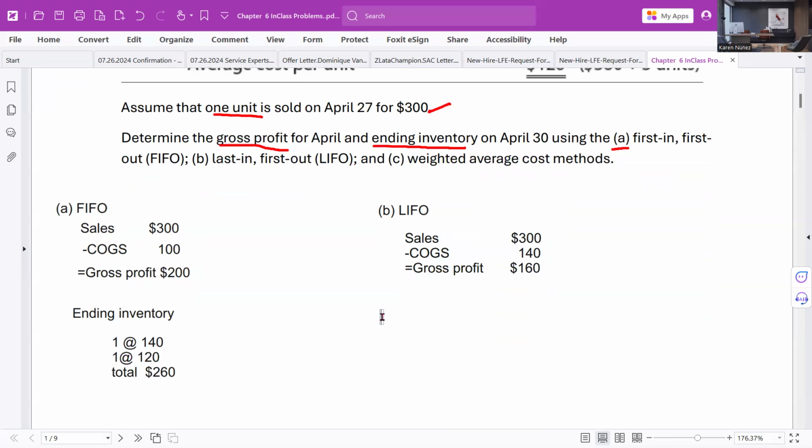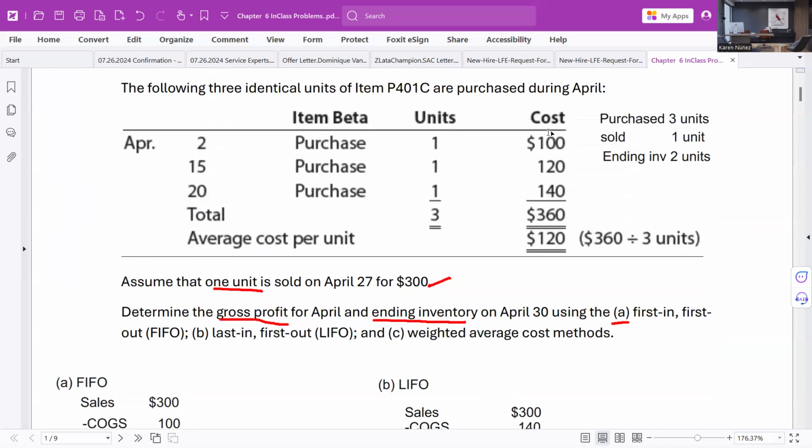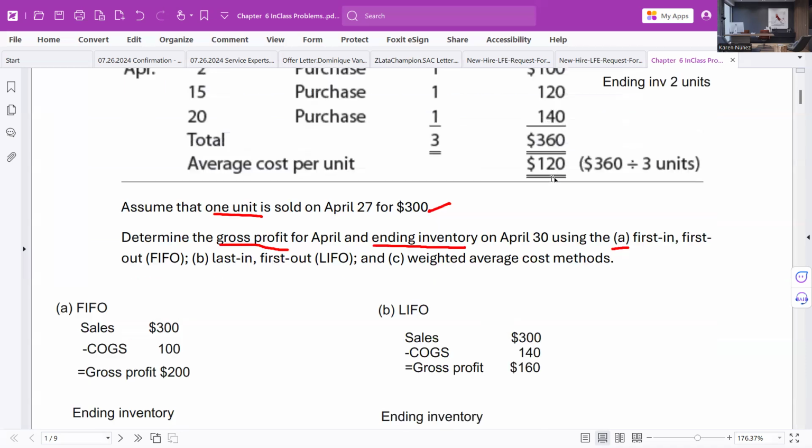And our ending inventory, well, LIFO is last in, first out, which means the first ones are still going to be in the inventory, one at 100 and one at 120.